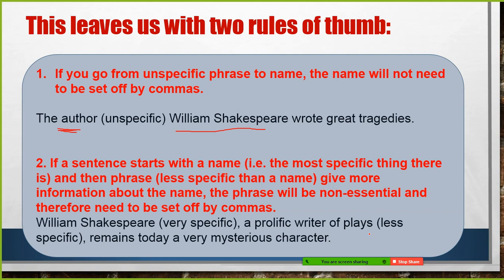A prolific writer, it means that he wrote a lot of plays. A prolific writer of plays remains today a very mysterious character. A prolific writer here is less specific. That's why I have surrounded it with two commas. It's non-essential. I can exclude it.